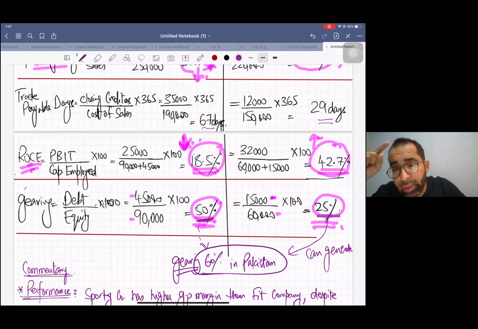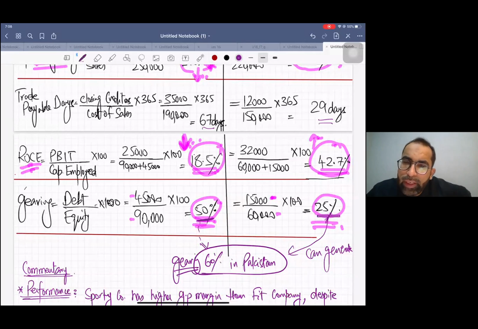Hope you remember there was one line in point number 2, and it was written that Sporty company has planned to expand internationally. Yes, they can expand through more loans. They have the ability to take more loans because their gearing is already lower.